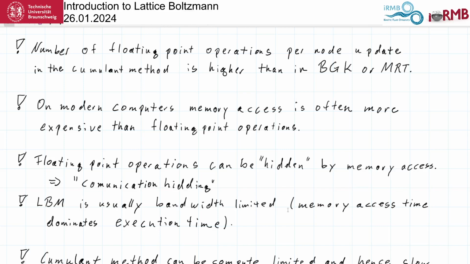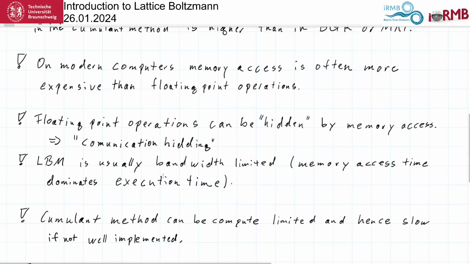And this is important in the context of the cumulant method, because what it means is that even though there are so many more operations that you have to do, it is not proportionally more expensive. Because what is written down here is that usually the Lattice Boltzmann method is limited by the memory access.